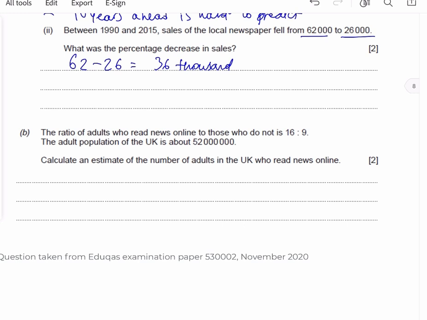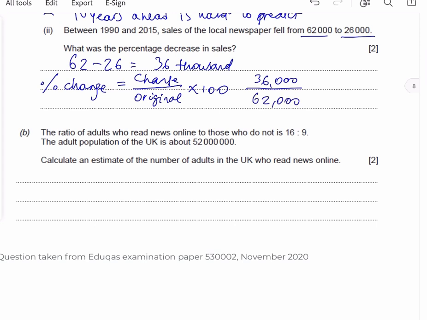And this is going to be written over the original amount. So that's the formula for percentage change: change over original amount times 100. The change is 36,000. The original amount is 62,000, as it fell from 62,000 to 26,000. Divide that and multiply the answer by 100.